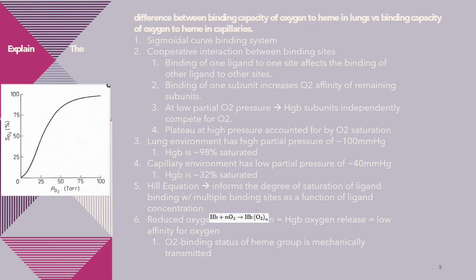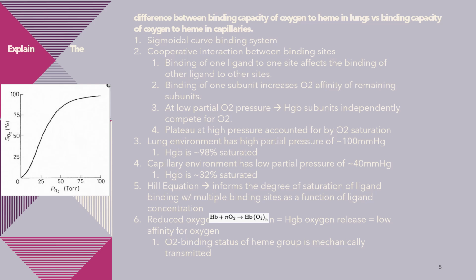The lung environment has a high partial pressure of oxygen. Intuitively, it is where oxygen enters the body first and foremost, where the hemoglobin becomes around 98% saturated. Within the capillaries, the partial pressure is lower, around 40 millimeters of mercury, where the hemoglobin becomes around 32% saturated with oxygen.